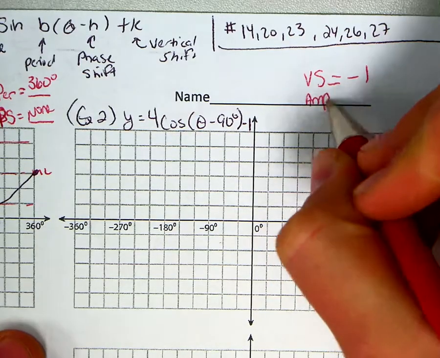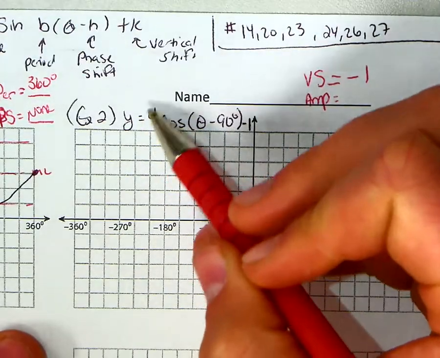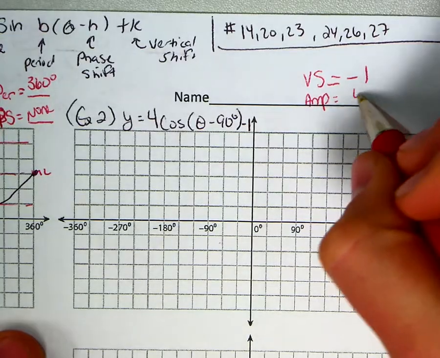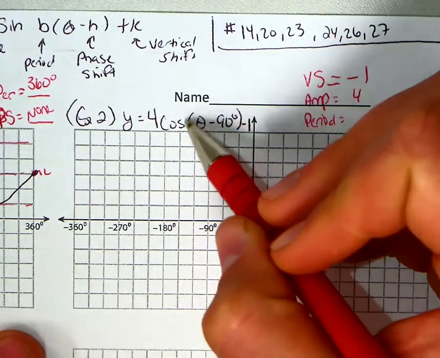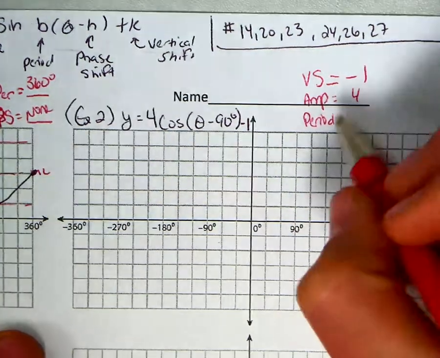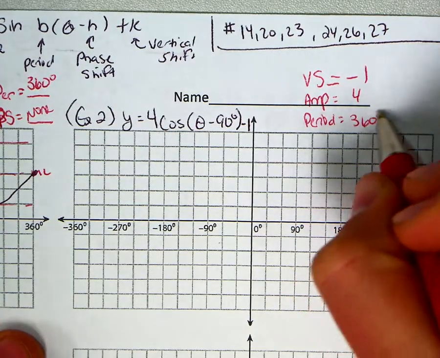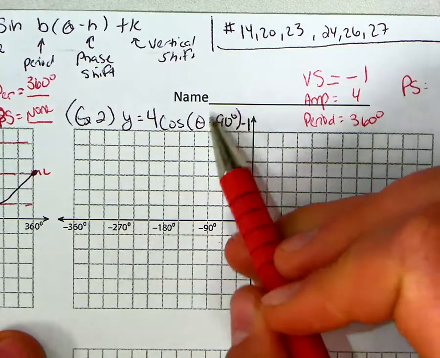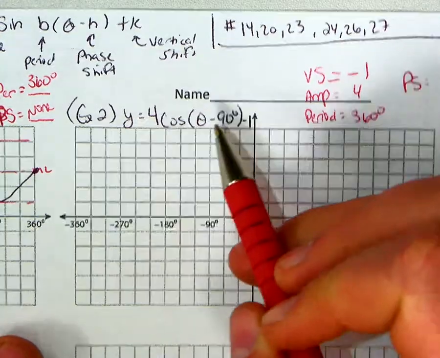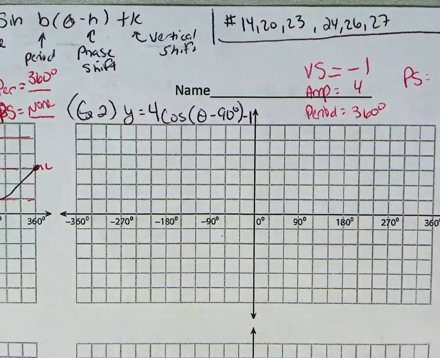What is my amplitude? That's right, this first number, that's 4. Again, our period, there should be a number here if it's going to change. It's not, it's just 360 divided by 1, so it's just 360 degrees. And then our phase shift this time, we do have, it's right here. Now it says theta minus 90 degrees, because it's h in our directions.